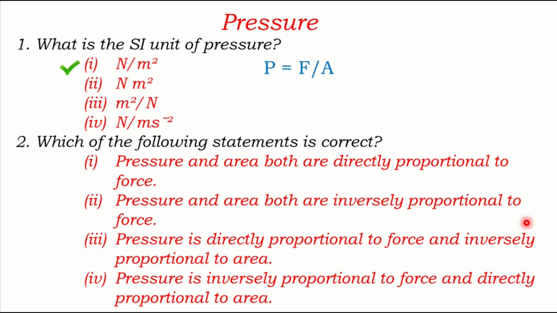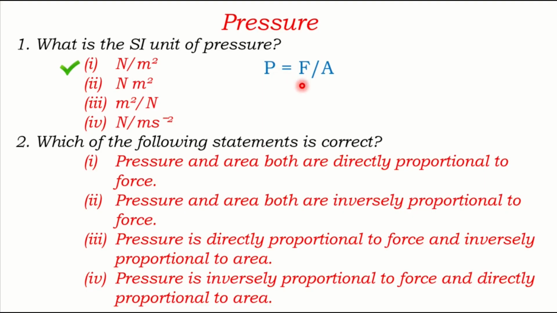Looking at this, we may be confused, but it will be better to have the same formula, pressure equals force by area. Looking at this mathematical expression, the quantities in the numerator on both sides are directly proportional to each other. But the quantity in the numerator on one side and in the denominator on the other side are inversely proportional.